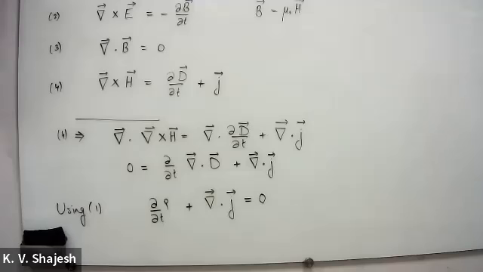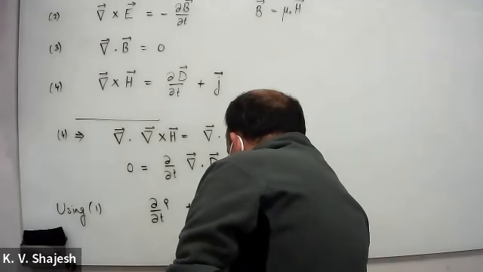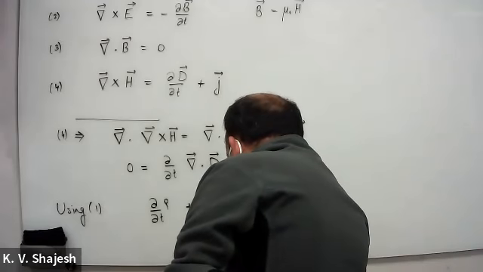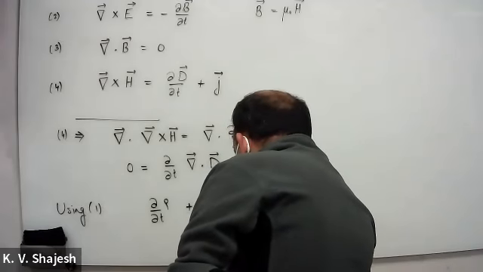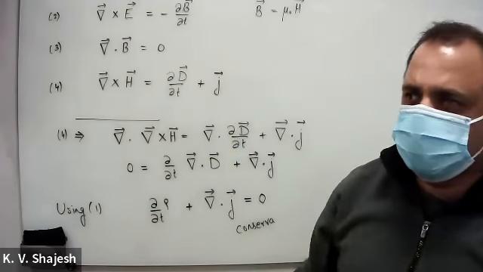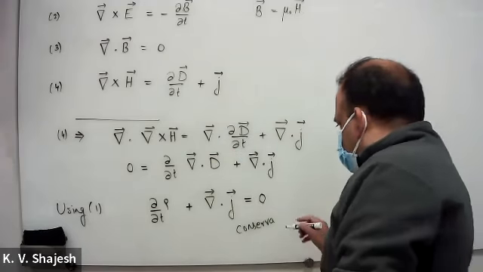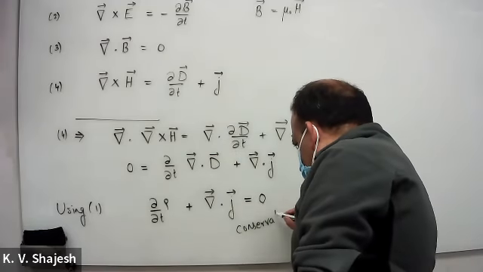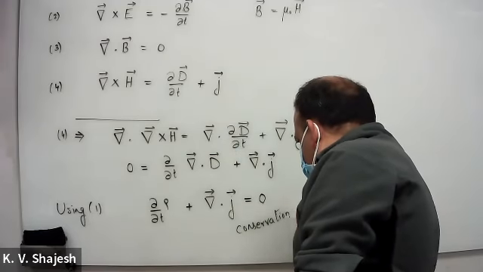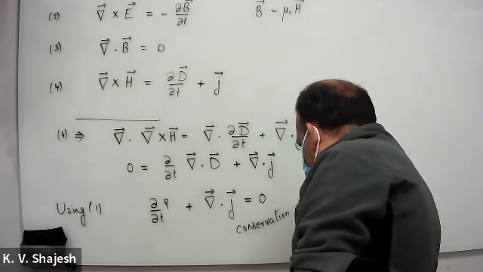And this is often stated as the conservation of charge equation. Often we say in electricity and magnetism that charge is conserved. So in what sense is it conserved? So this equation has a conservation property. So this is called conservation of charge.